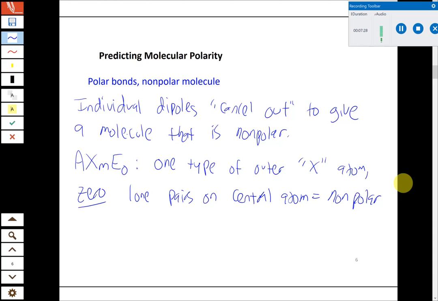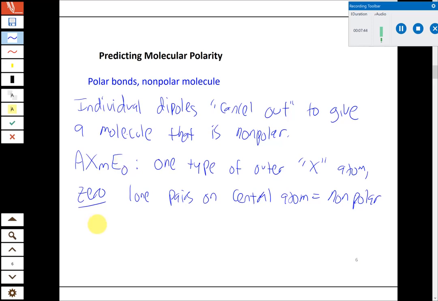All right, and I have to be careful that all these criteria are true. Only one type of outer atom X, all the X's are the same in the formula, no lone pairs on the central atom, meaning it's an E0 type structure, those will be nonpolar.